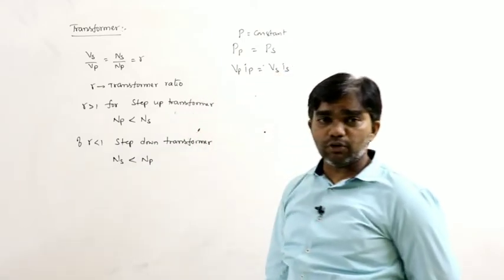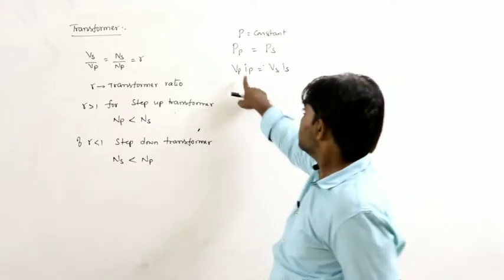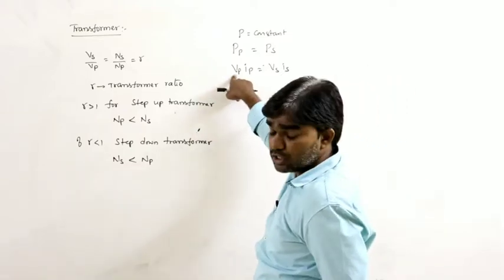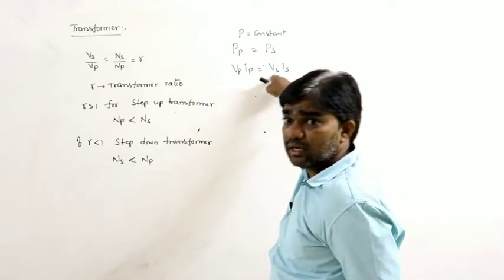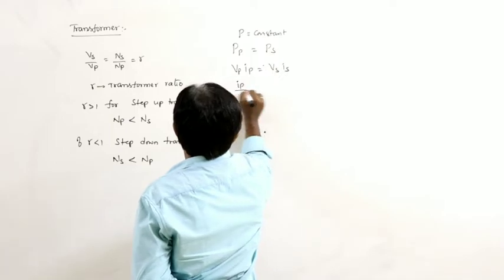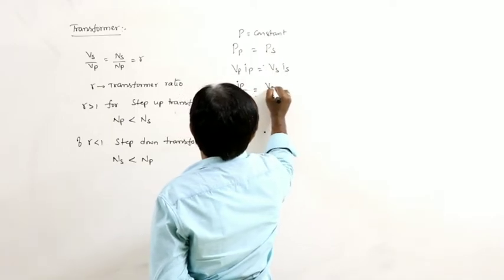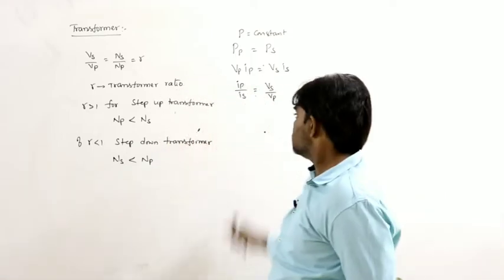Power can be written as potential into current. So potential across the primary into current in the primary is equal to potential across the secondary into current in the secondary. So from this, Ip by Is is equal to Vs by Vp.